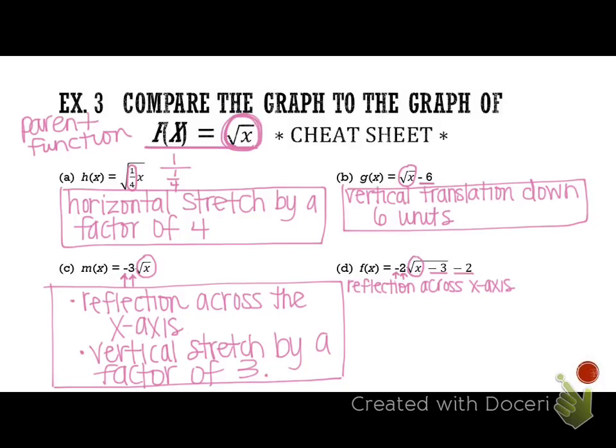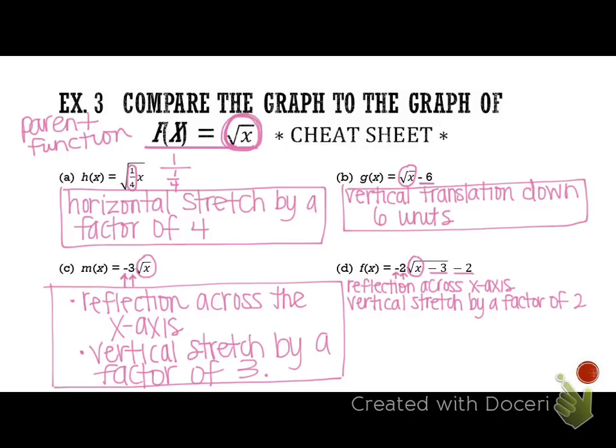All right, they're multiplying 2 by the entire function. So again, that takes me to vertical stretches or shrinks. And since 2 is greater than 1, that is a vertical stretch. And remember, we like those vertical stretches because it's by a factor of exactly what we see. So a factor of 2. Then we have under the radical.